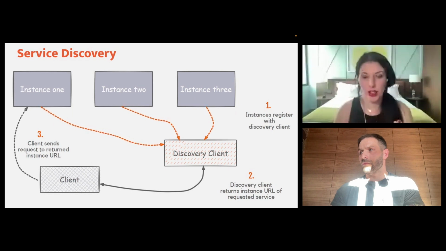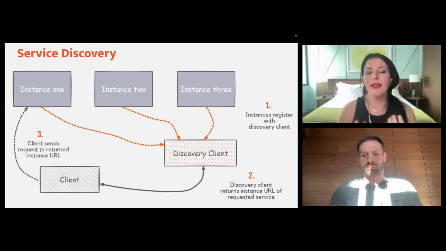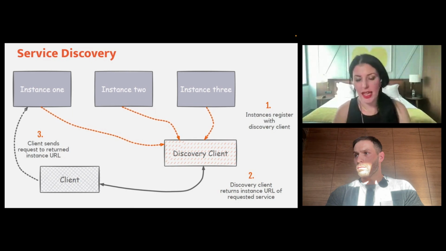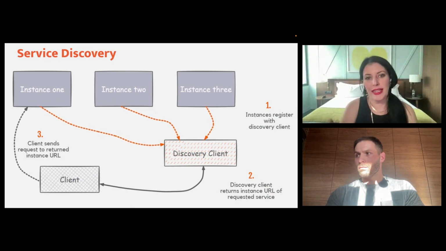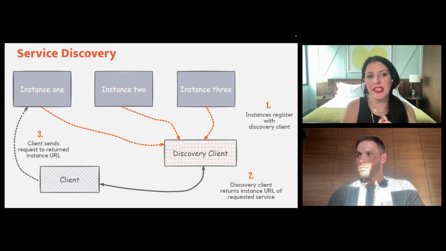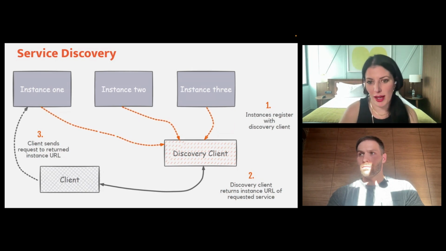Now, when another application comes along and says, I'd really like to talk to this application, could you give me the IP address of where that instance, or any instance you want to give me, actually is? It will go to the discovery client, which returns the address and location of that instance. Then the client can connect directly to that instance. So that is the theory behind it.